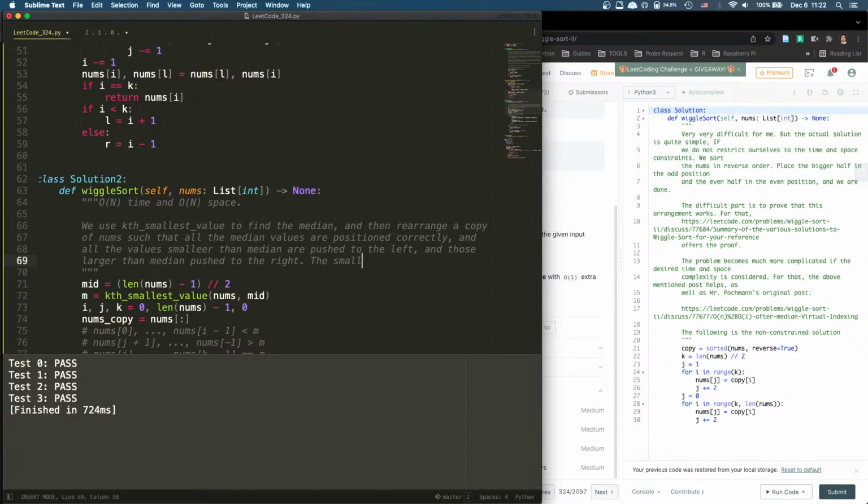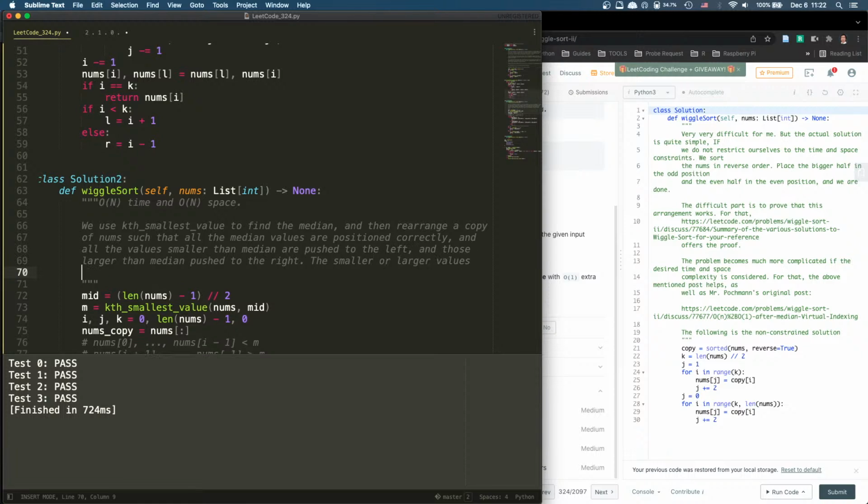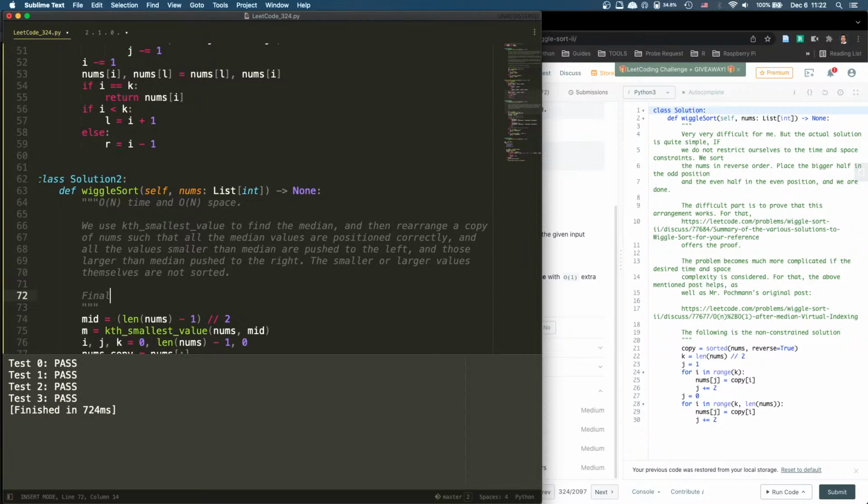The smaller or larger values themselves are not sorted. And finally, nums are populated again, just as in solution 1.